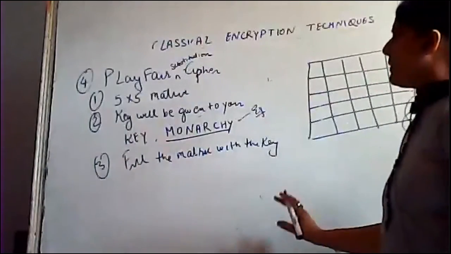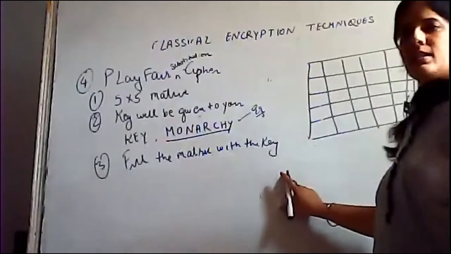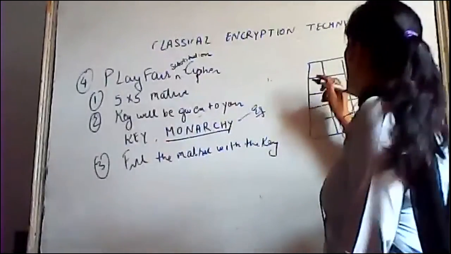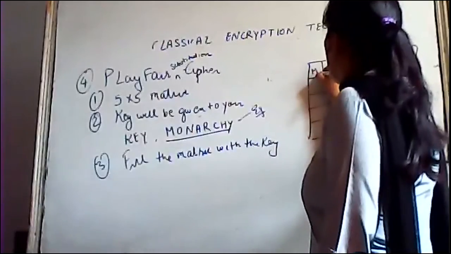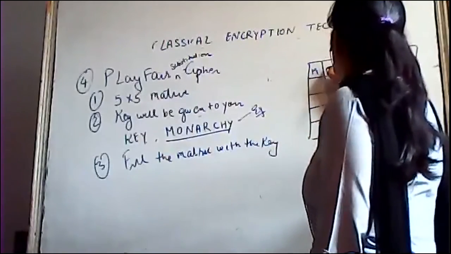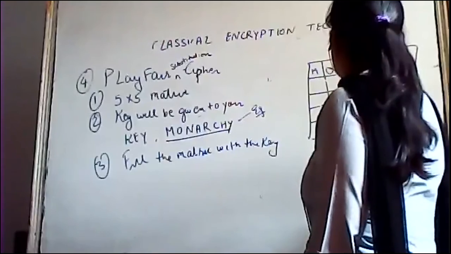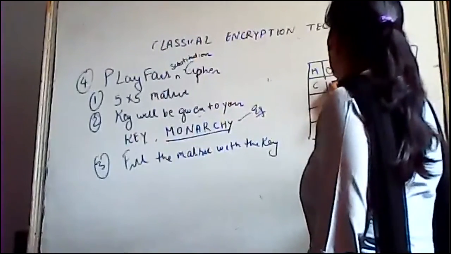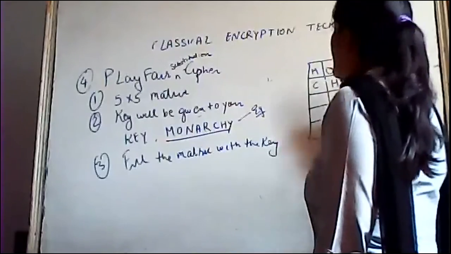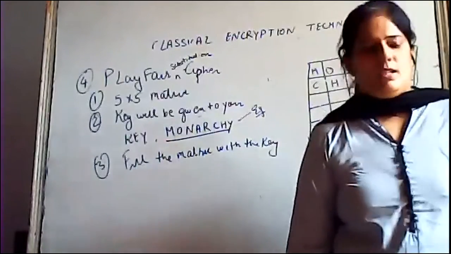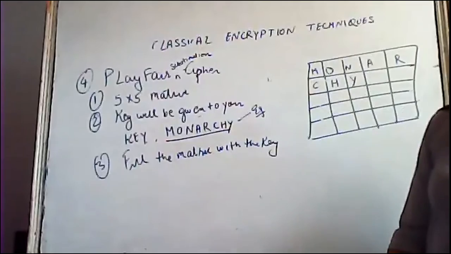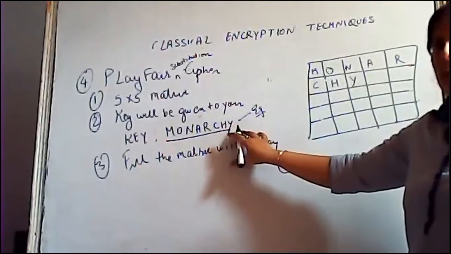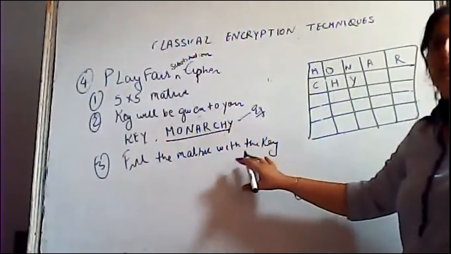So I will write M O N A R C H Y. Here I have filled all those elements that are given in my key, that is monarchy.